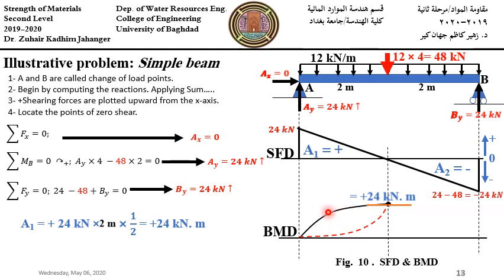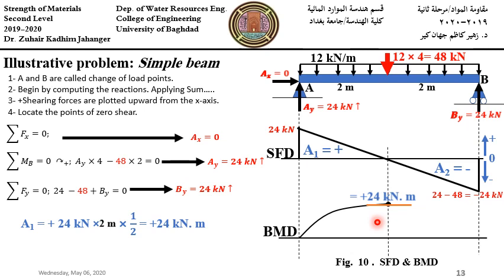The correct one is the black one, because I need the tangent to the moment curve at the zero shear force. At the zero shear force, the tangent to the moment curve is the horizontal line. So the dotted red curve is ignored.